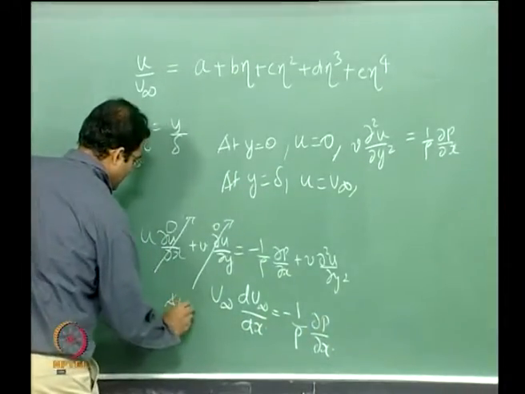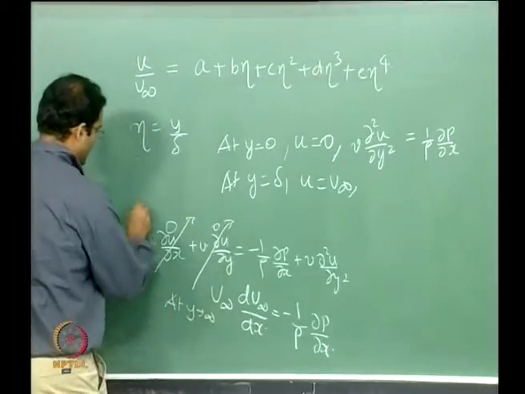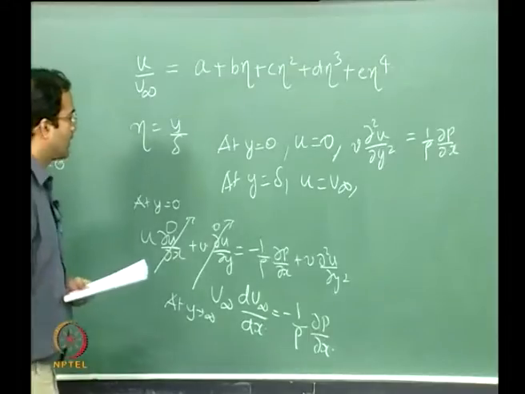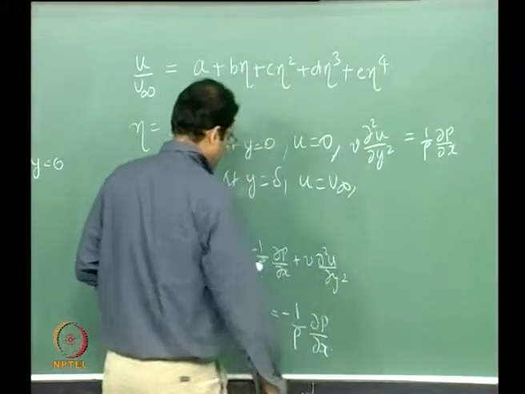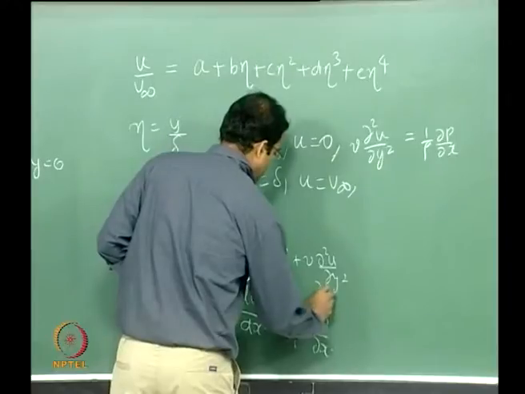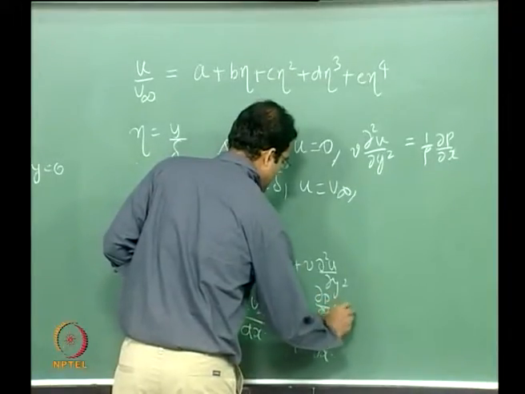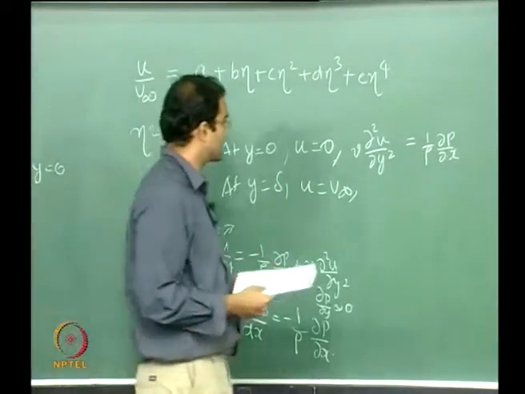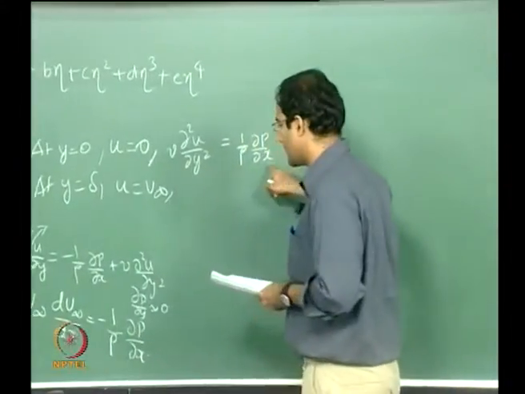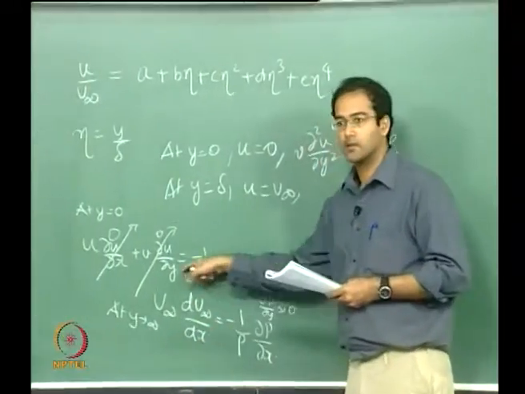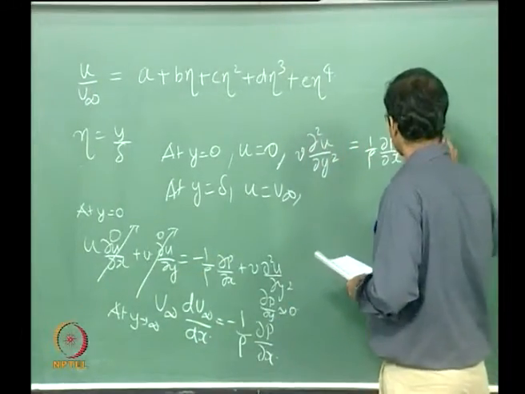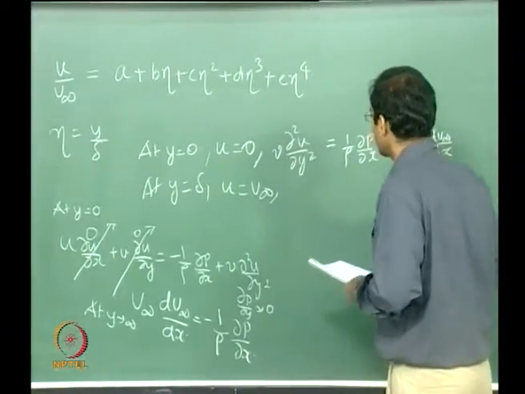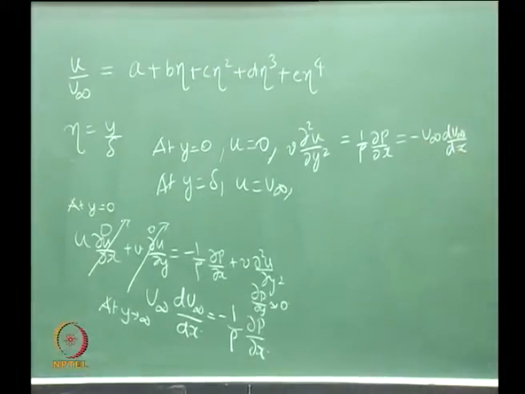So at y going to infinity, this is at y equal to 0, and we also have seen that in the boundary layer approximations dp by dy equal to 0, therefore p is approximately the same anywhere, therefore we can replace this term 1 by rho dp by dx with u infinity. So this will be minus u infinity du infinity by dx. This is a very important boundary condition, okay.